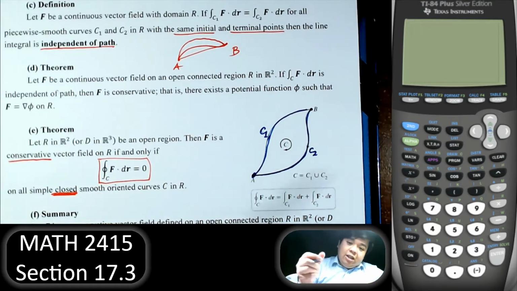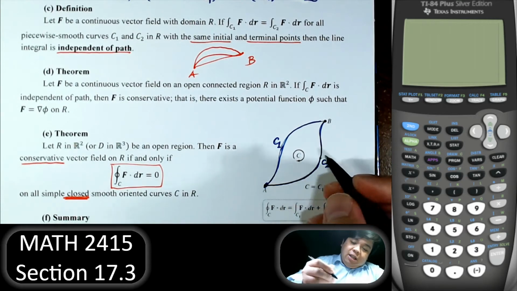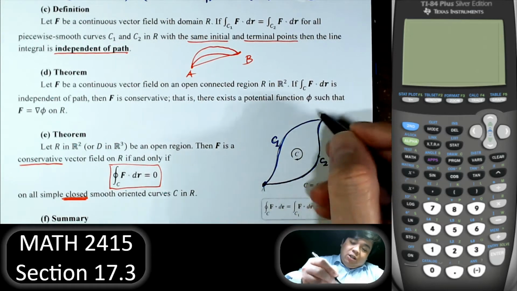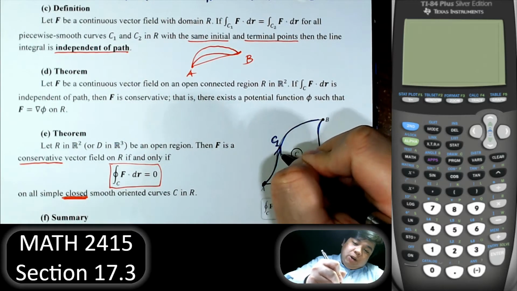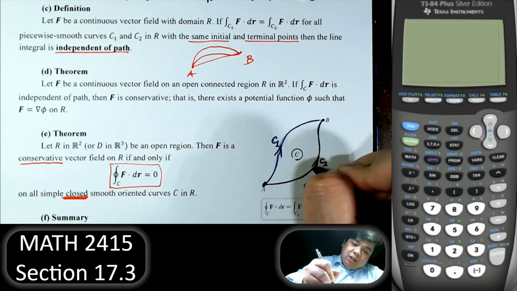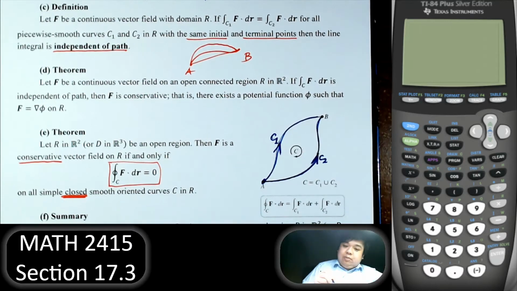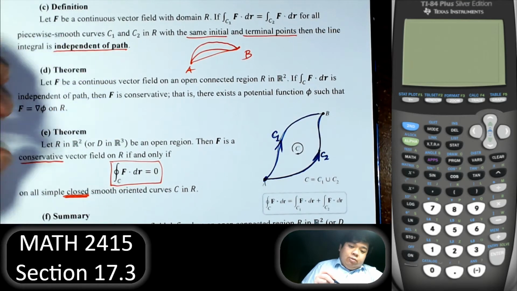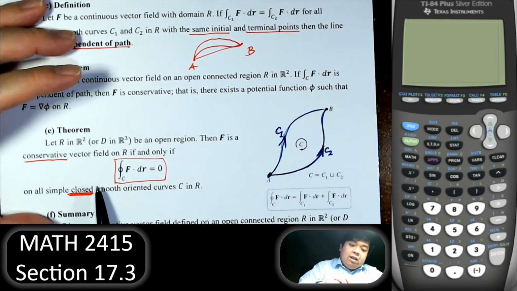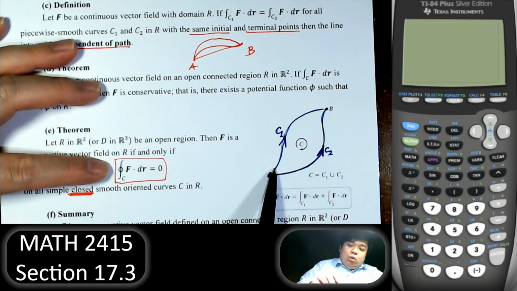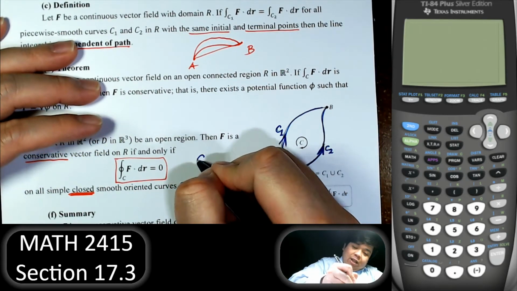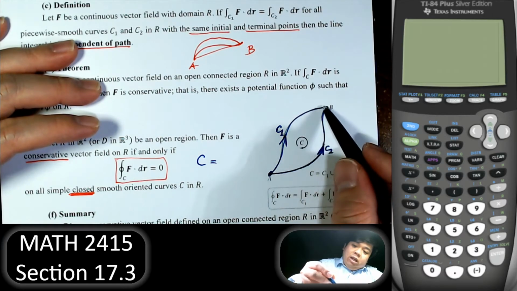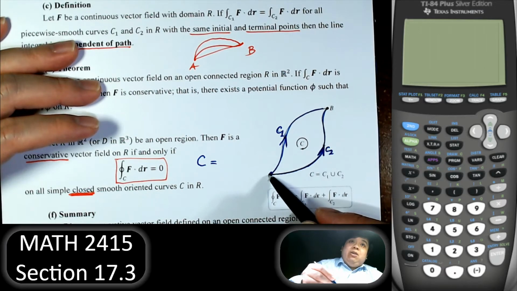So first, let's say this is C1, this is C2. C1 goes in that direction and C2 goes in that direction. So, first of all, they said that if this is equal to 0, now the curve C goes from A to B and goes back to A, right?